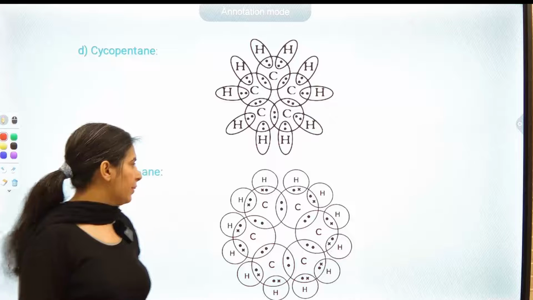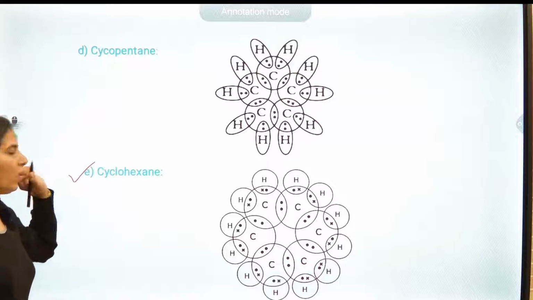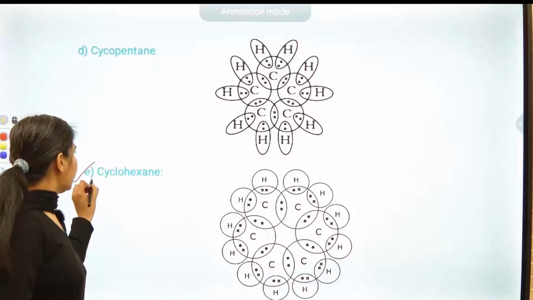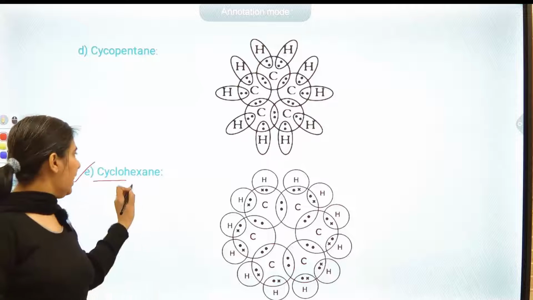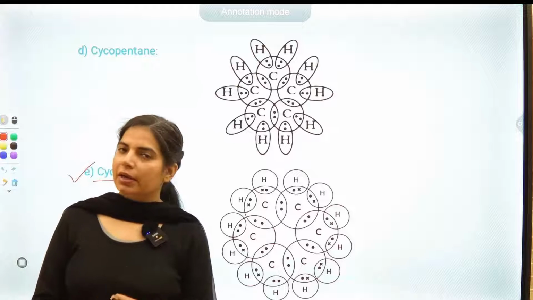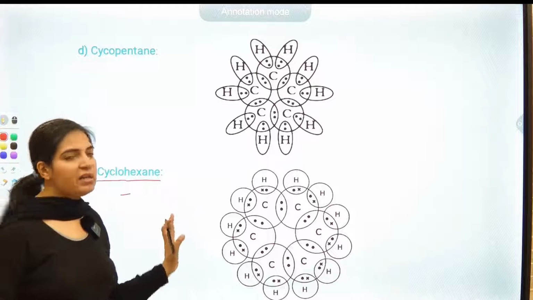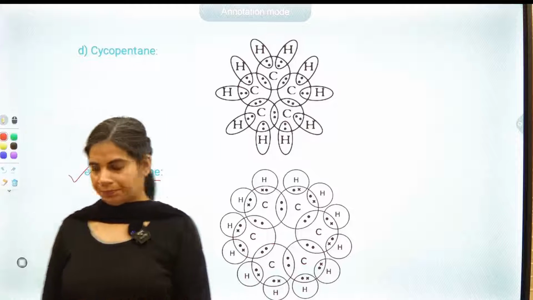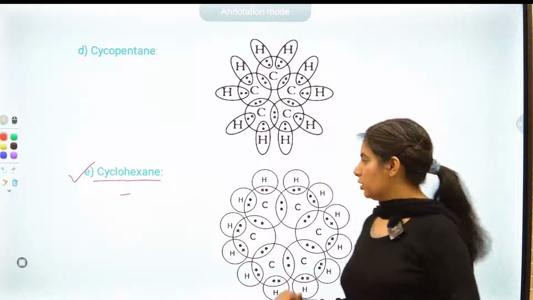Now, let's move to next example. The next example is of cyclohexane. Again, as the name indicates, cyclo stand for a ring and hexane stand for 6 carbon atoms. It means we are having 6 carbon atoms that are arranged in a ring. Let's analyze the structure.